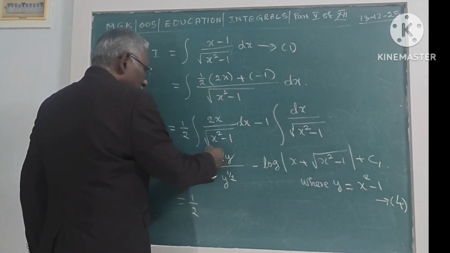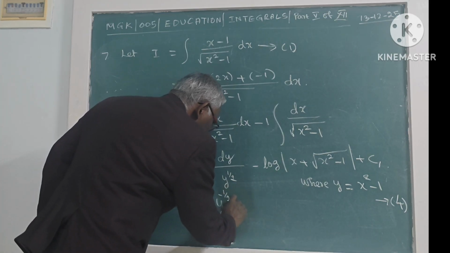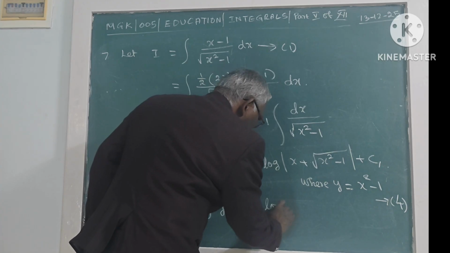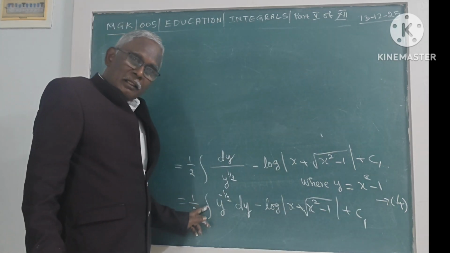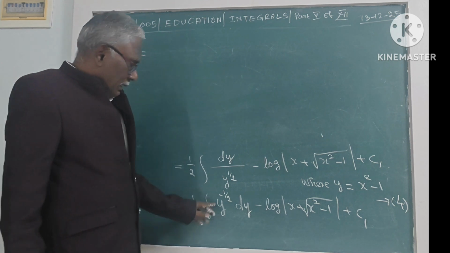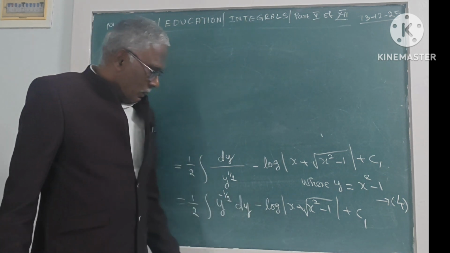So when you take this to the numerator, integral y power minus half dy minus log of x plus root of x square minus 1. This is in the form of integral x power n dx. What is integral x power n dx? It's nothing but x power n plus 1 by n plus 1.